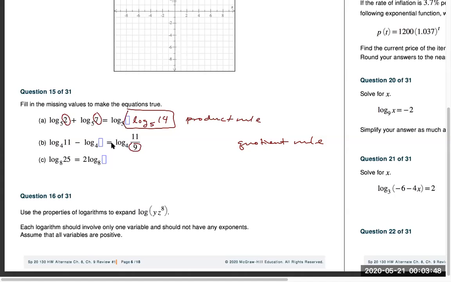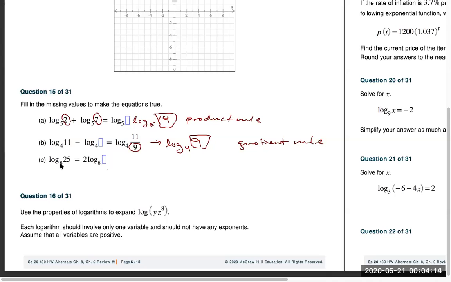This is the part you're looking for. The missing part should be log base 4, and there should be a 9 there. Let me be specific with this last part, just the part you're supposed to fill in. It's 14, so you would fill in a 14. You're going to fill in a 9.